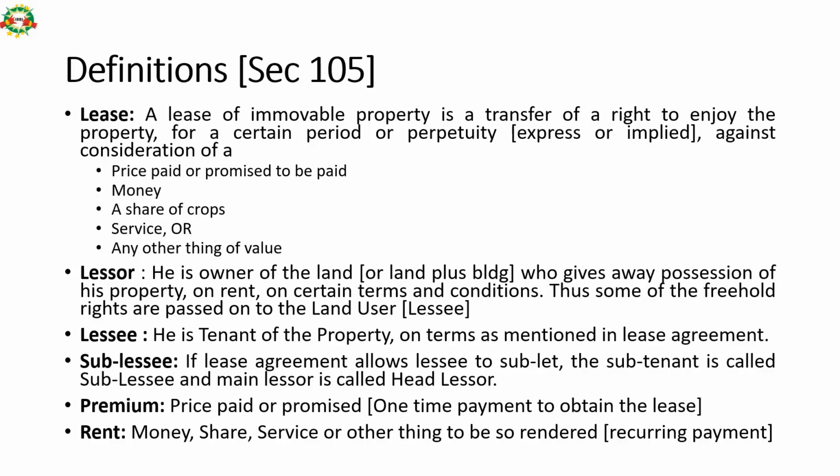Sublessee: if the lease agreement allows the lessee to sublet, the subtenant is called sublessee and the main lessor is called head lessor. Premium is the price paid or promised. It is a one-time payment to obtain the lease. Rent is money, share, service, or any other thing to be so rendered, that is a recurring payment.